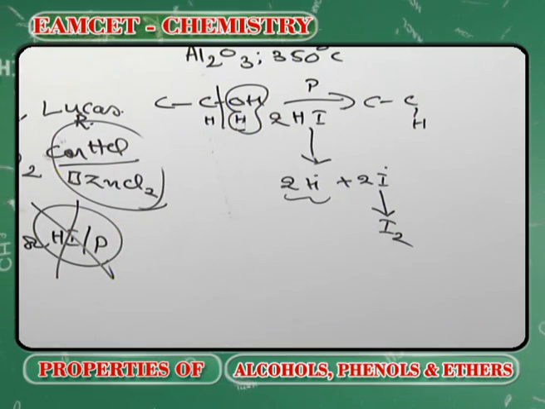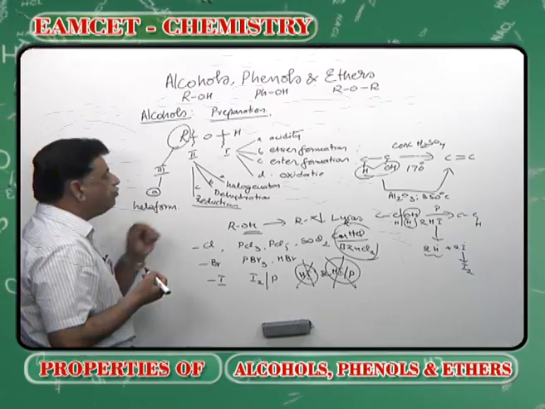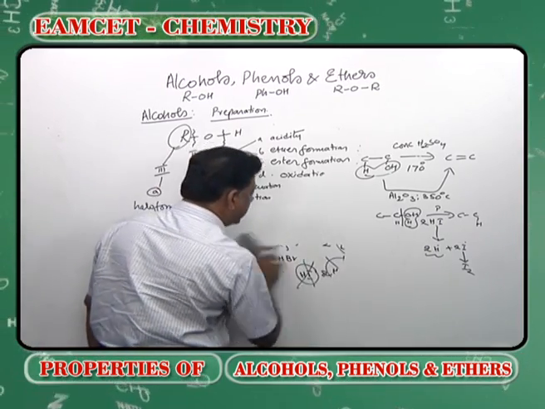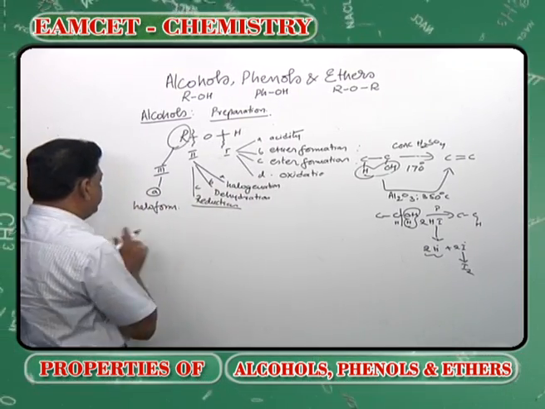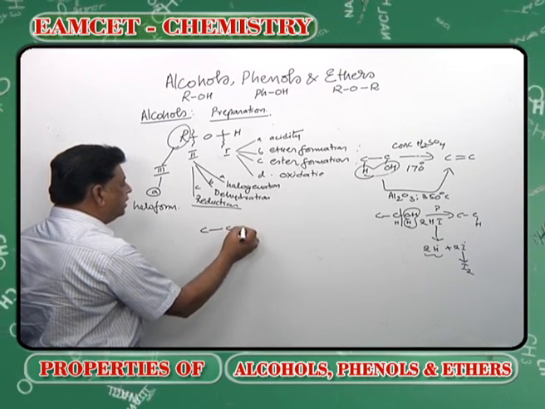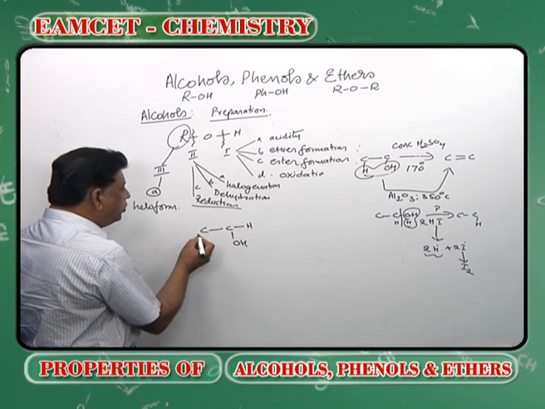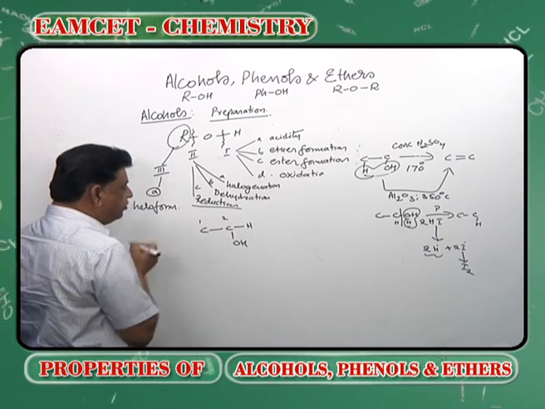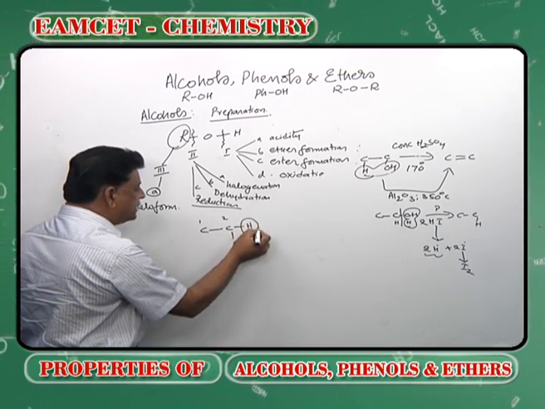Now, lastly, the haloform reaction. In the last chloroform topic, we discussed this haloform reaction in length and depth. All alcohols containing the 2 degree type 2-hydroxy group, where the H and H will be dropped.